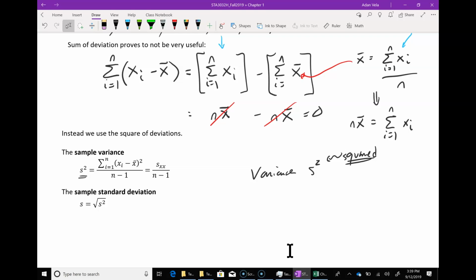And so they take the square root of this calculation here, and you just get S. So why is taking the square root a little bit easier? Well, it still keeps the numbers in a way that's understandable. So let's go back to the heights.